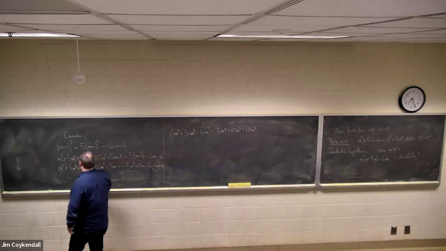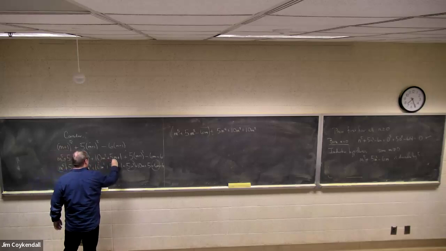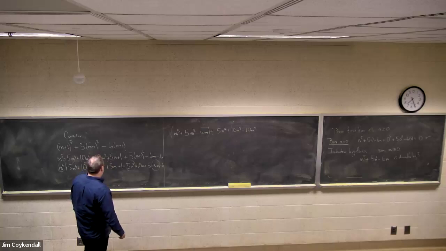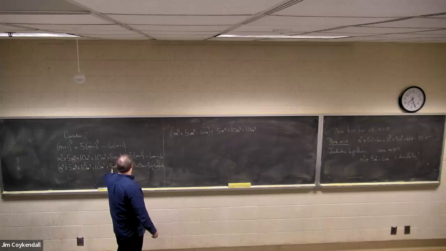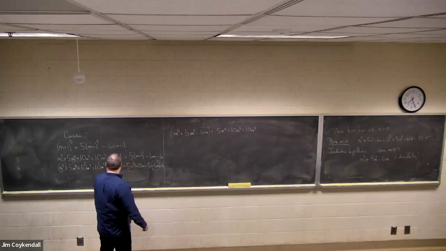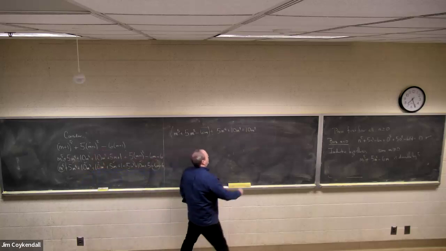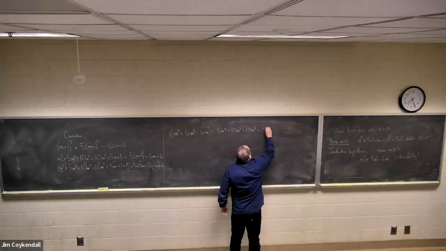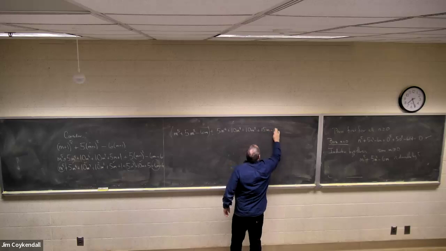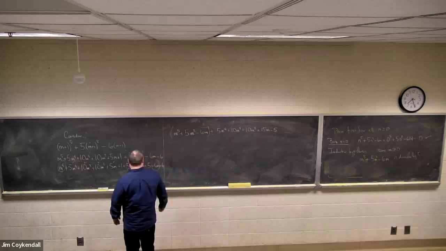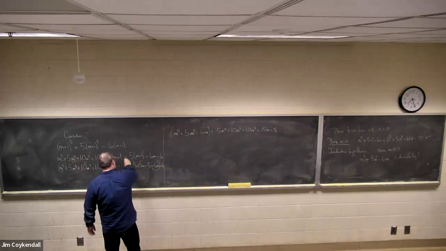That takes care of these big ones. I've got 5m, and 5m plus 10m is 15m. And then I get a minus 5. I get a 0.